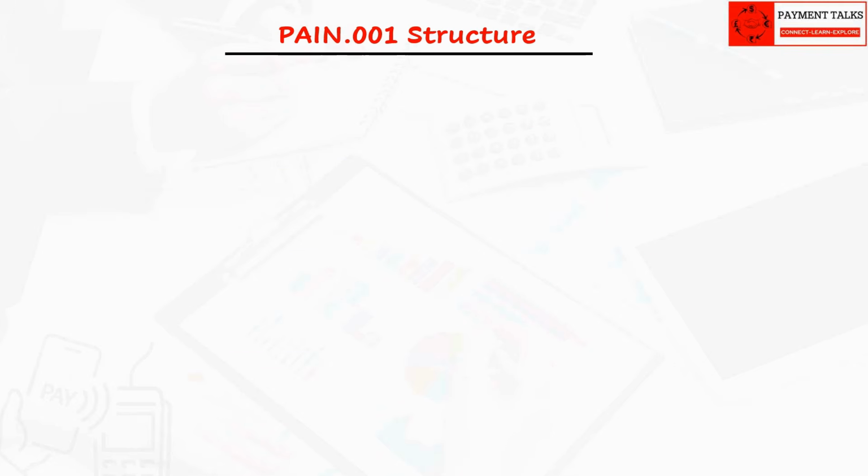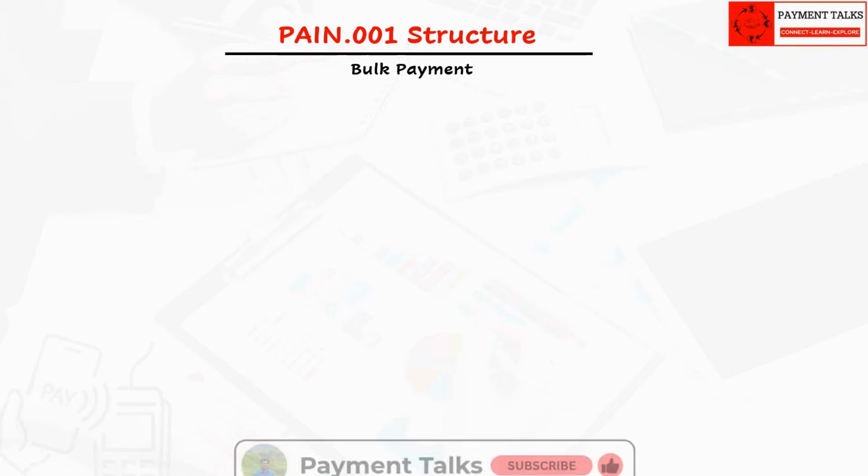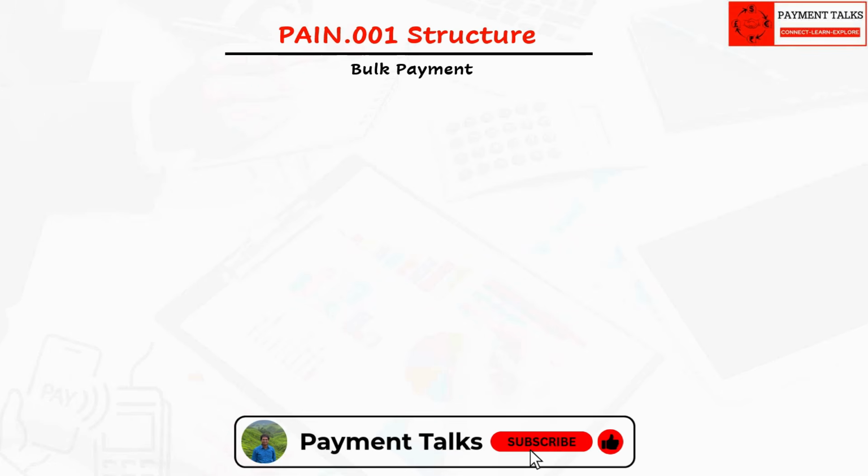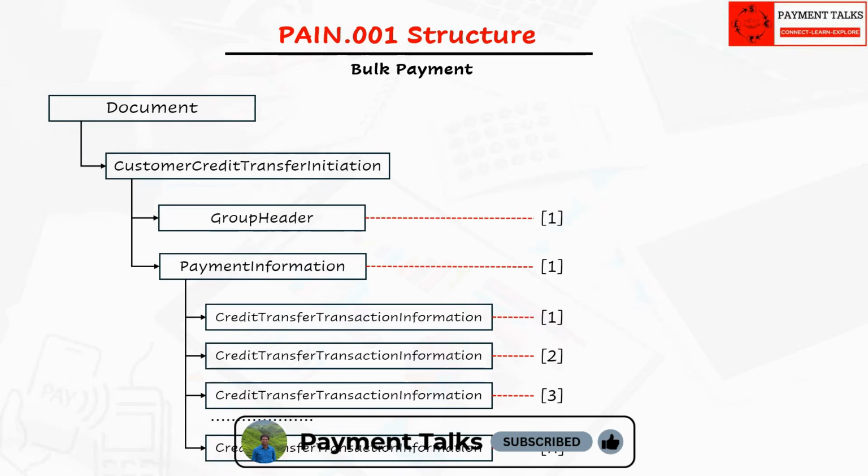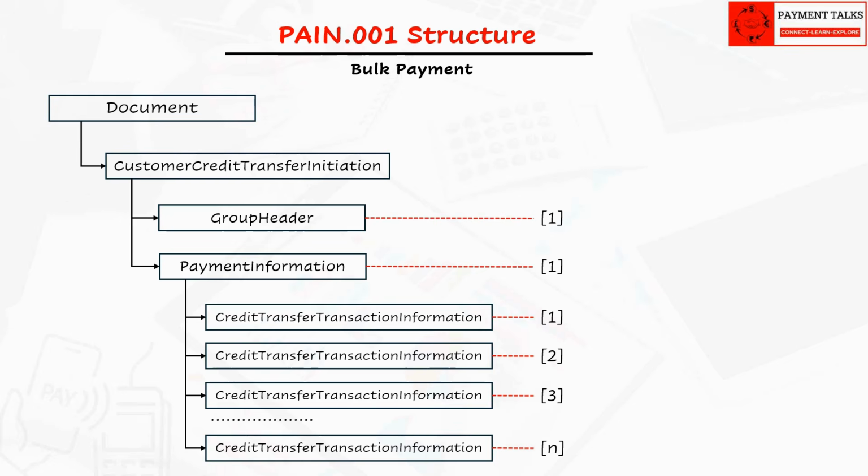Next, we look at bulk payment. A bulk payment consists of one debit account with many credits happening. The use cases can be like salary payments, vendor supplier payments, every month end, etc. Here is the structure of PAIN.001 in such a scenario. Group header is always only one.